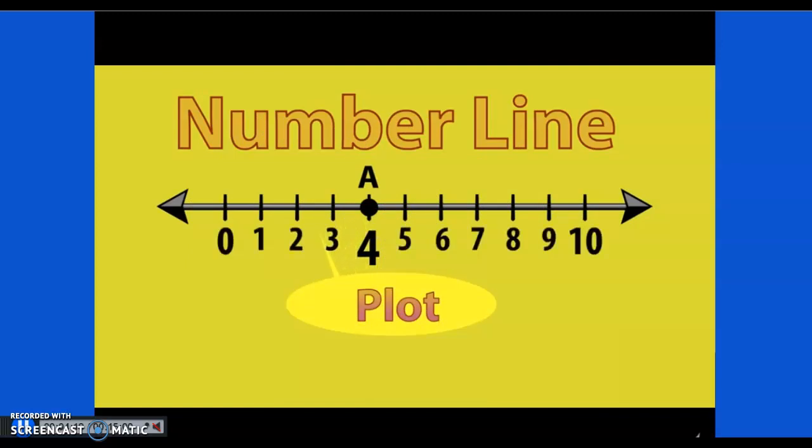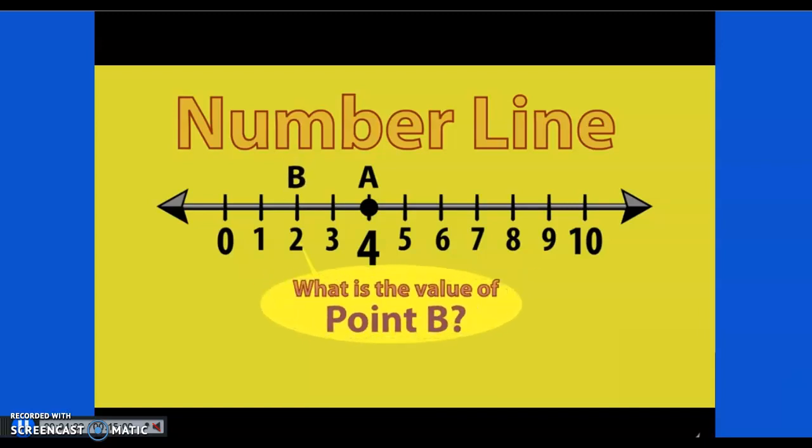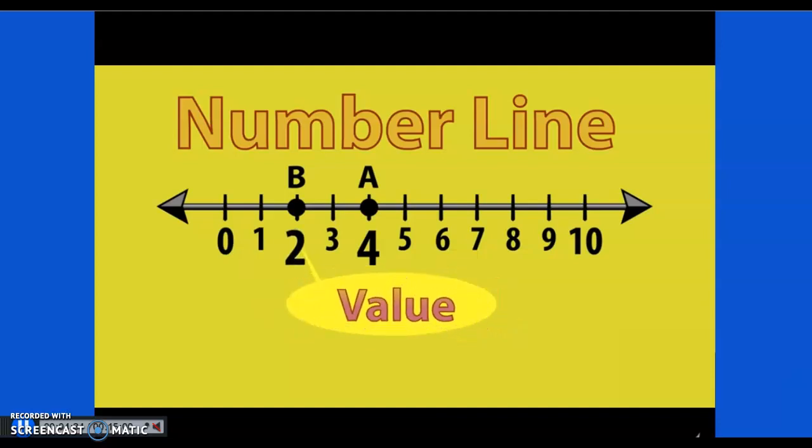What is the value of point B? Look at the number below. The value is 2.